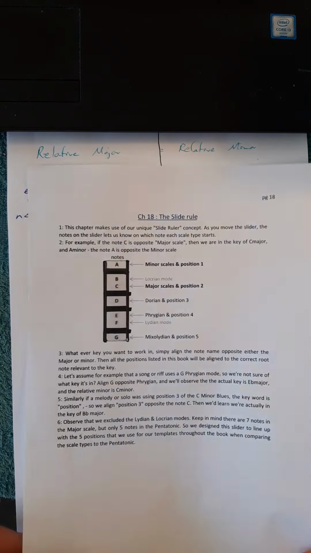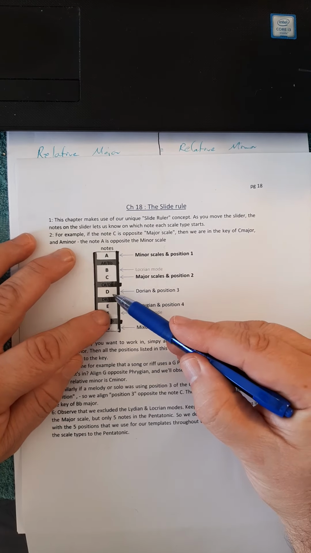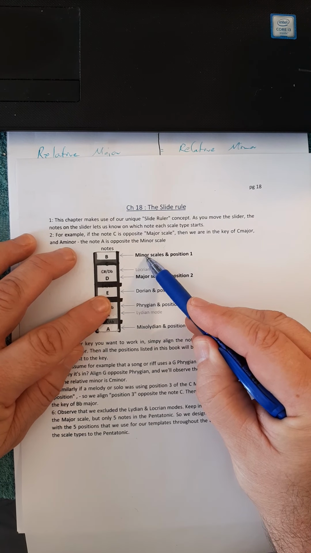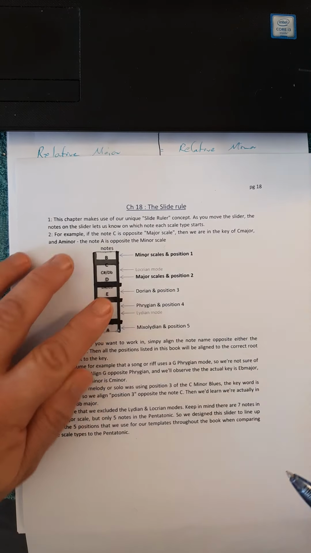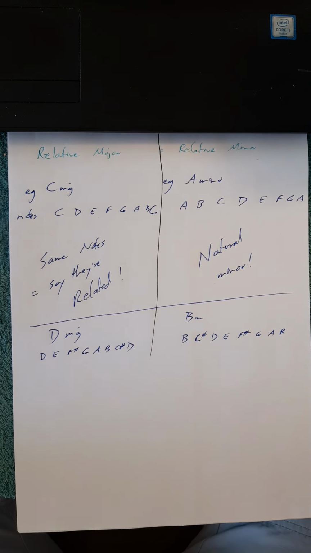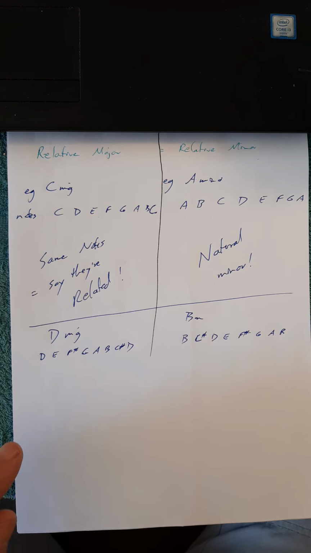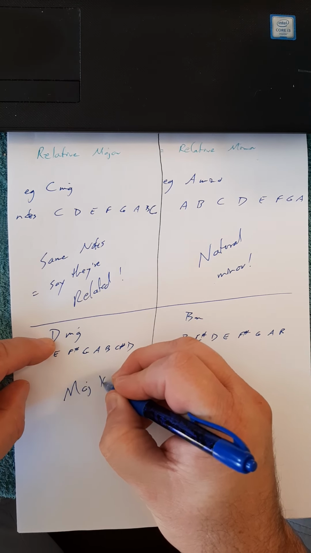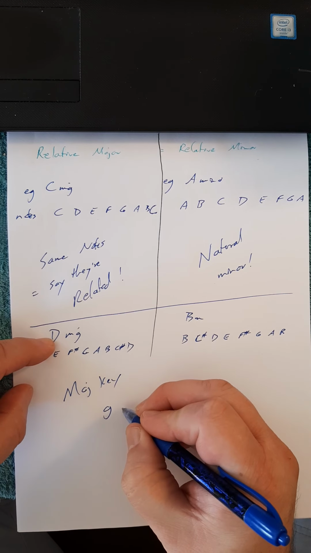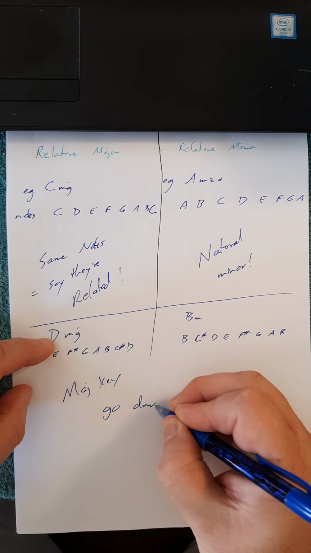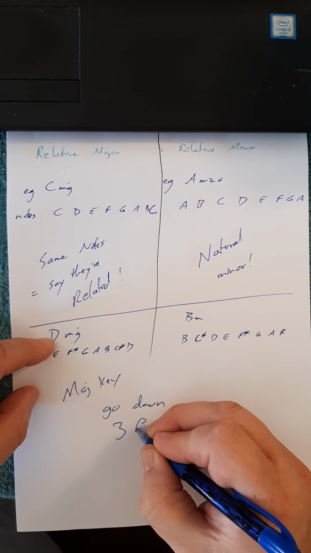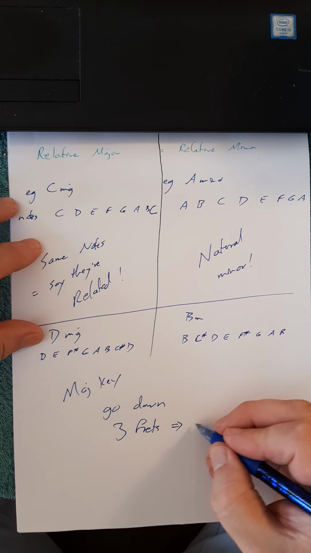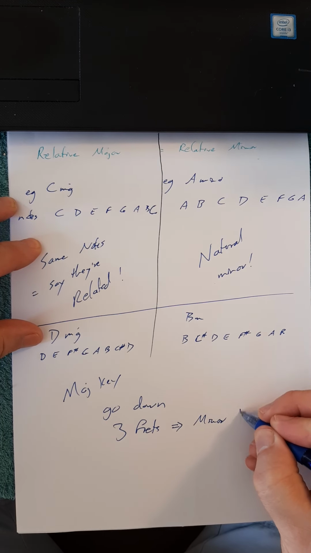Let's get this little slide rule thing over here, and we say, well, okay, we played with D. Let's see what happens if I take D to the major. Hey, minor scale is B. Okay, so what we're learning from this over here is that on guitar, whatever the major key is, you go down 3 frets, and that will give you the minor key.